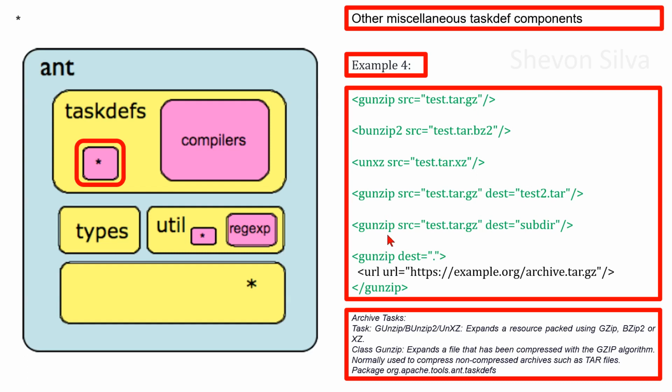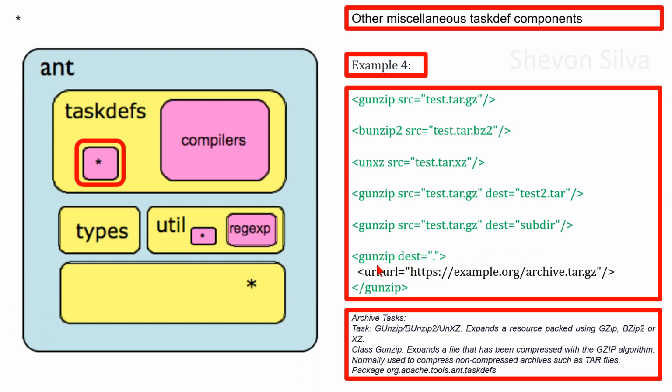Here, expand test.tar.gz to subdir/test.tar, assuming subdir is a directory.